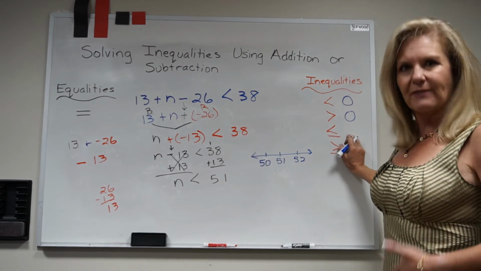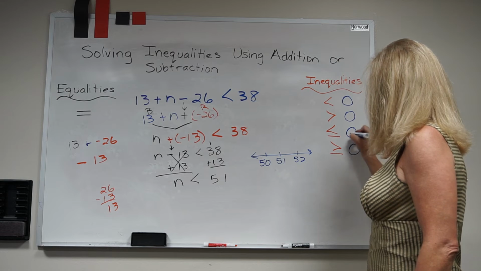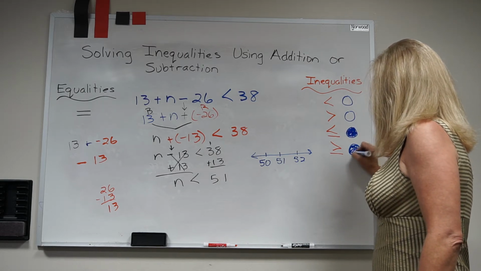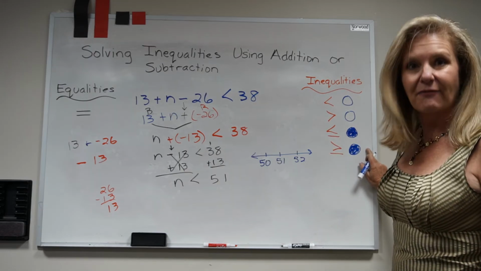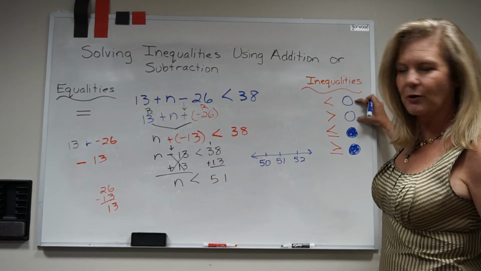If I want 51 included in that answer, then I use what's called a closed circle, and I literally just color in that circle. So that equal sign makes us fill in the circle. If the equal sign is not there, we leave the circle open.